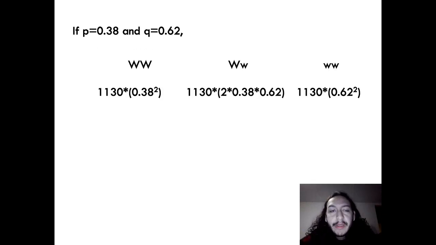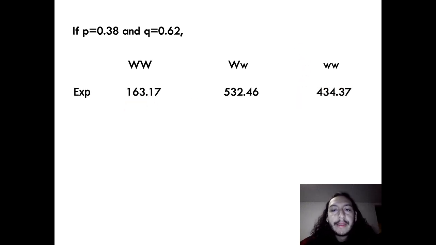This is what we would get from Hardy-Weinberg. If we now know the allele frequencies in the population, we can also estimate what would be the expected genotype frequencies if we had Hardy-Weinberg equilibrium. We can just plug them in and multiply them against the total number of individuals in the population that we sampled. Then we see that the expected individuals with each genotype look a bit different to what we observe, right?